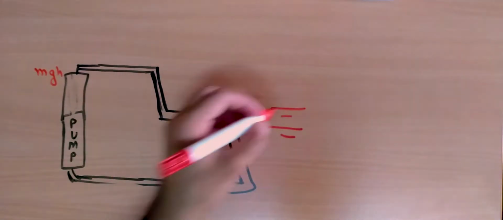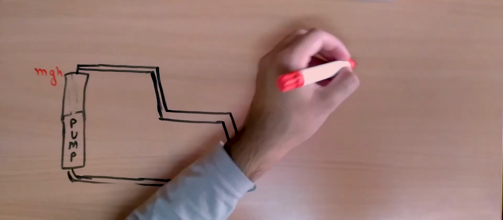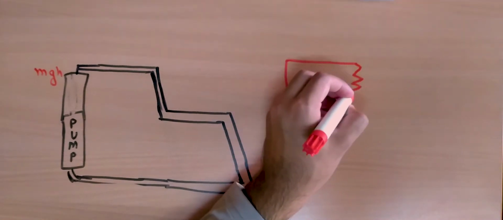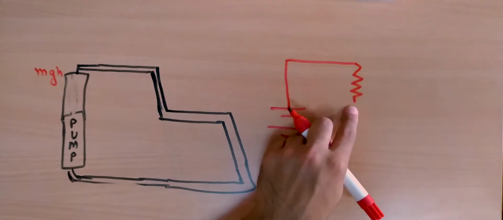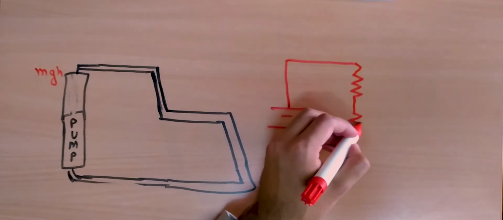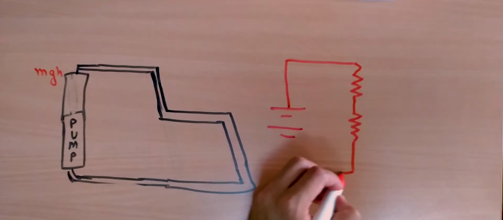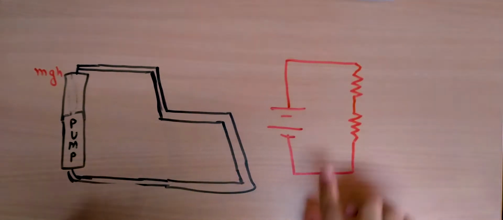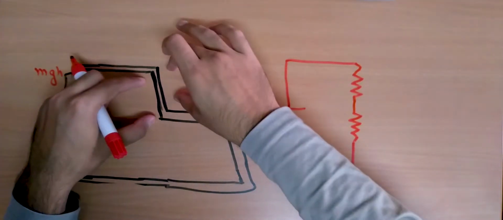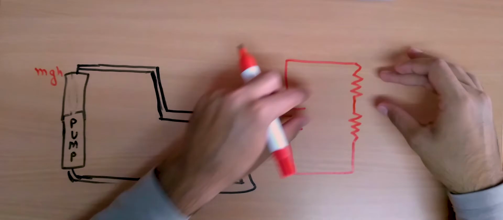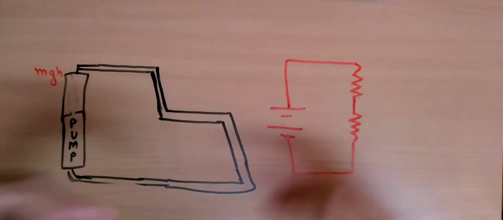which is equivalent to the pump, and wires. And this time, instead of having one resistor, I can have one resistor here and another resistor here, and back to the circuit. Now obviously these two pipes can have different lengths, just like these two resistors can have different resistances.